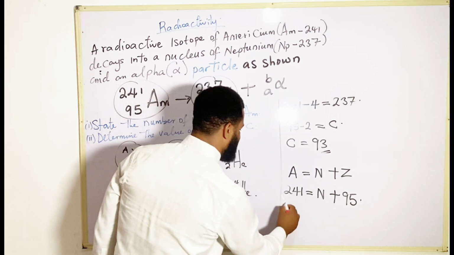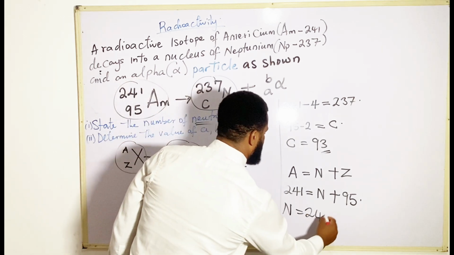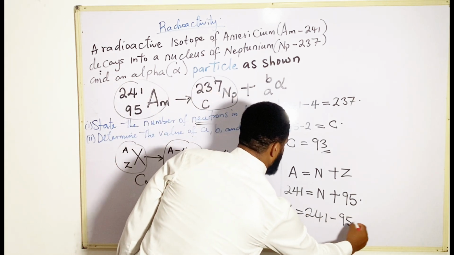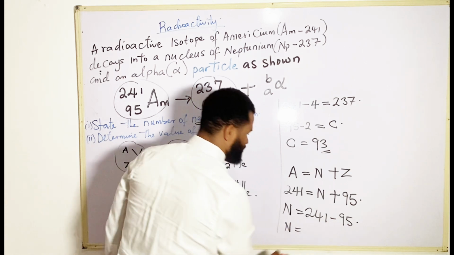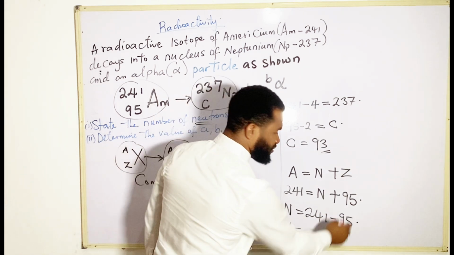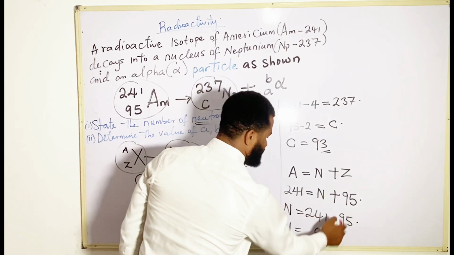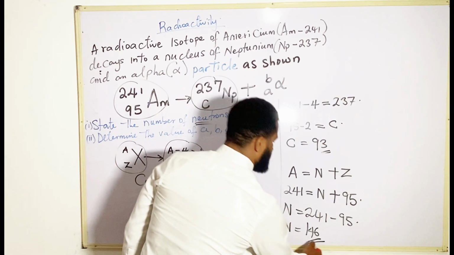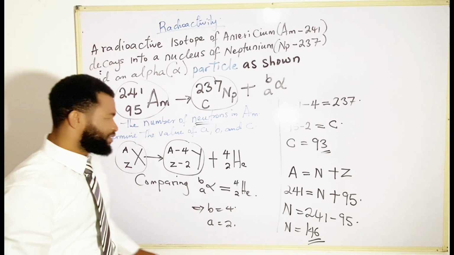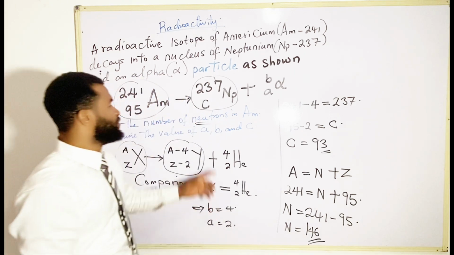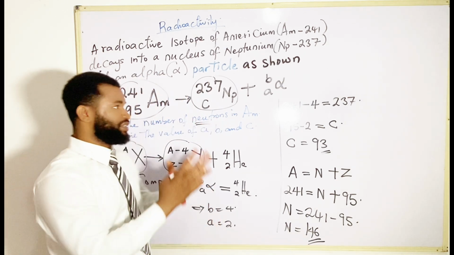That simply means that N is going to be 241 minus 95. 11 minus 5 is 6, and what is remaining is 3 minus 9... which gives 4. So the value there is 146, which is the neutron number.